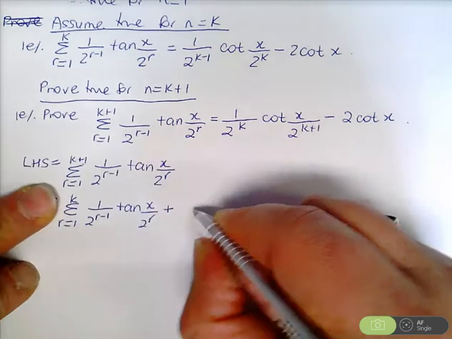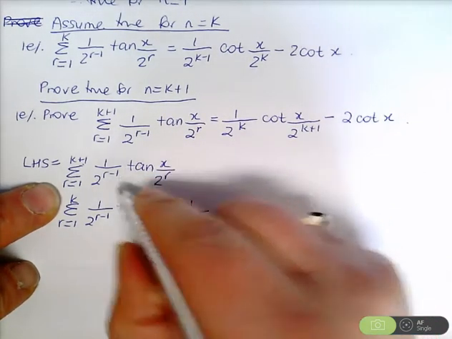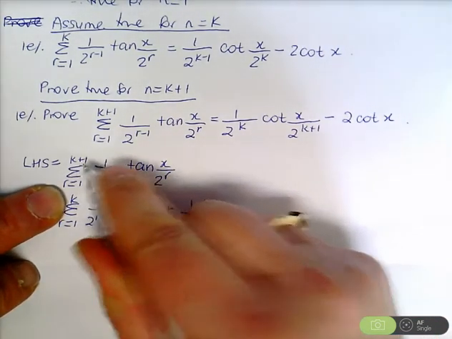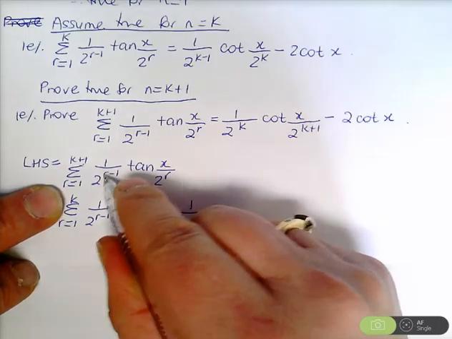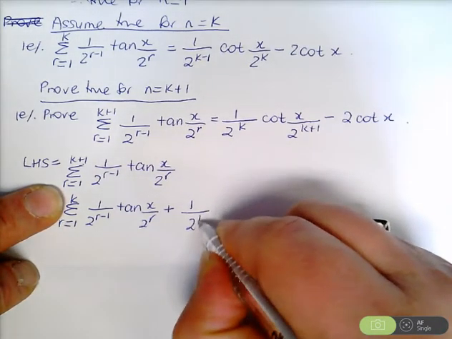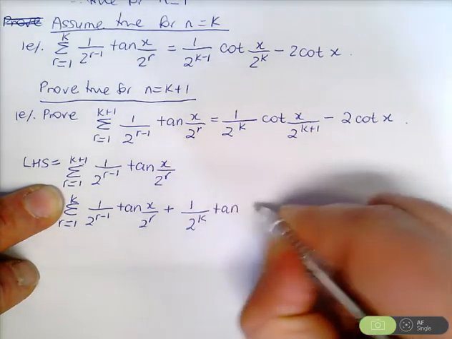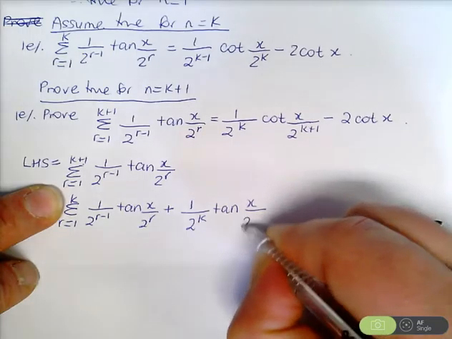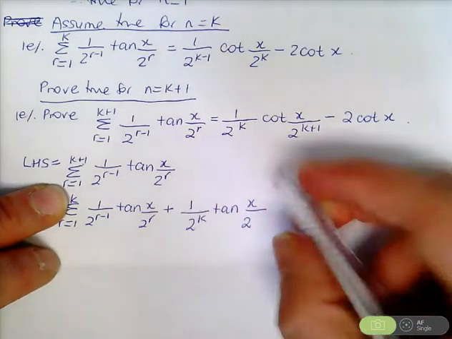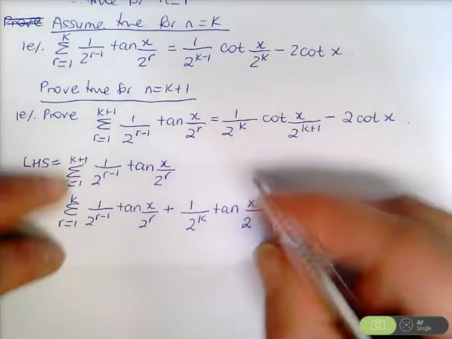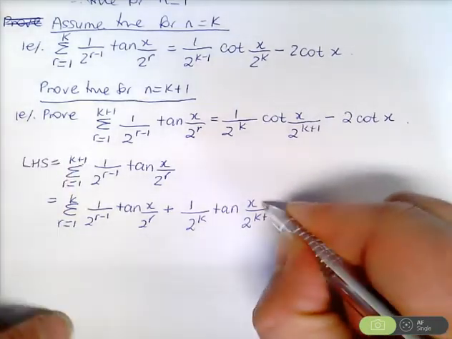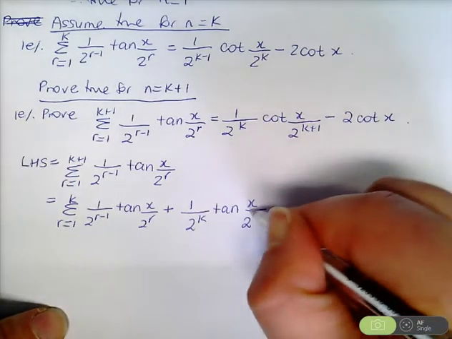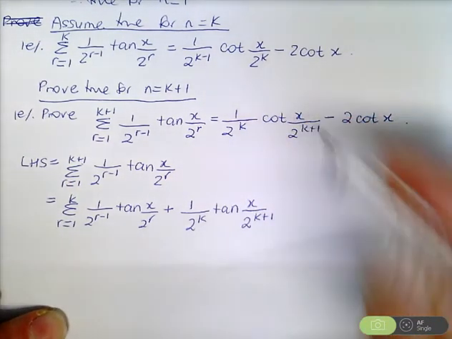Remember we're going from r is 1 to k plus 1, so we go k plus 1 minus 1, which is 1 over 2 to the k, times tan of x over 2 to the power of, the k plus 1 term, tan of x over 2 to the k plus 1.